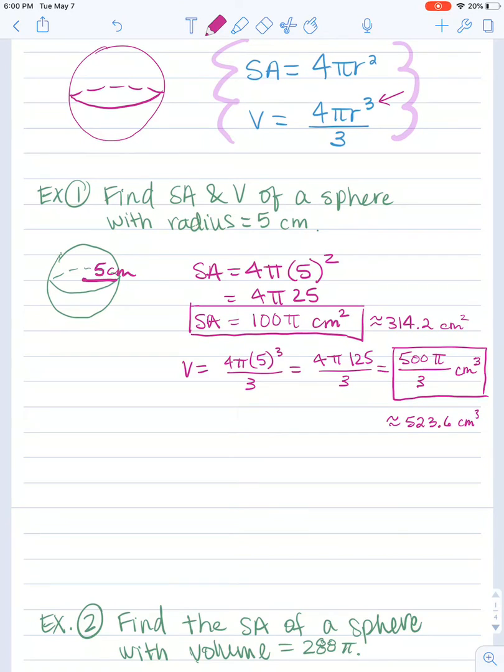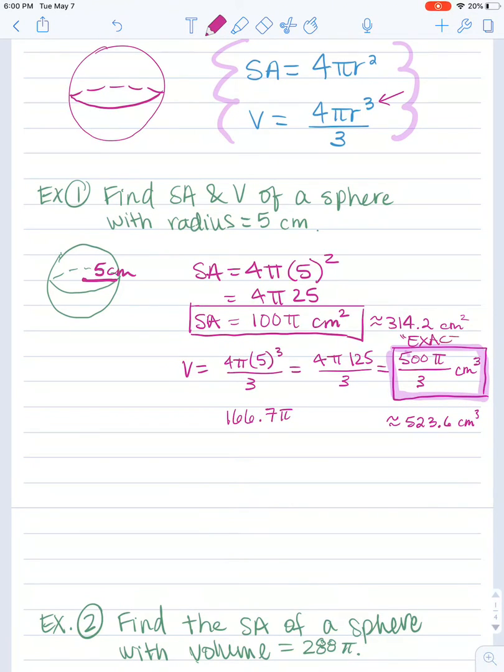What you do not want to do is write this as 166.7 pi. Okay? You're mixing this rounded number with pi. So I either want it as an exact value, which would be this 500 pi over 3. Okay, that's an exact value.